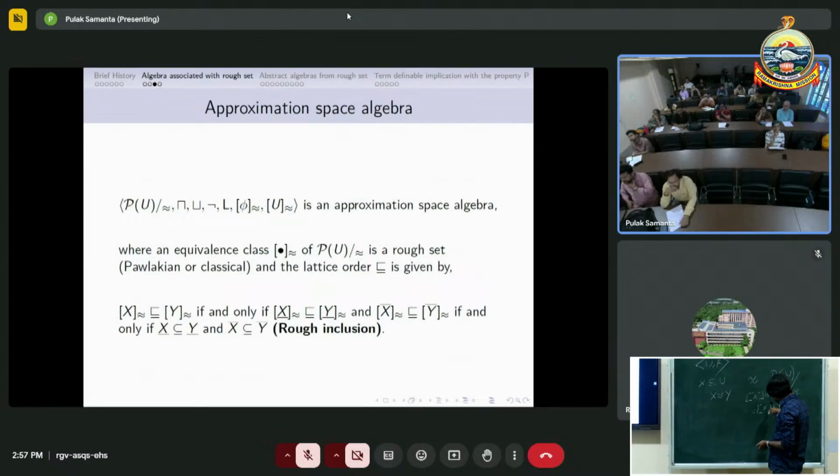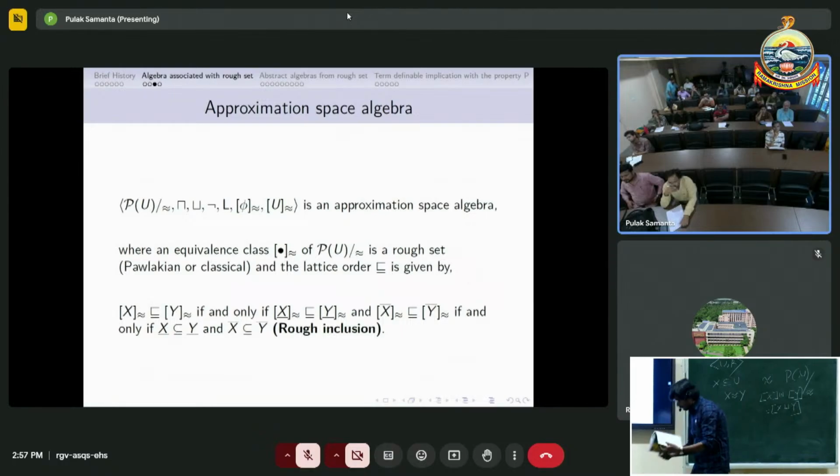This typical binary operation is different from our usual union.